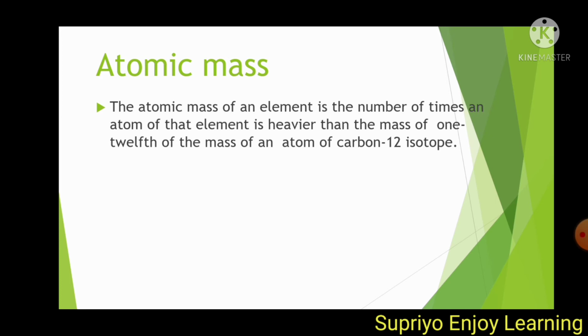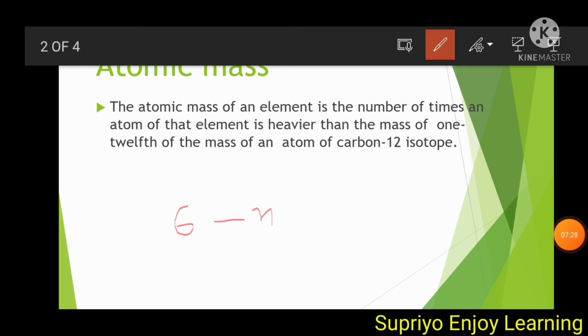Carbon has 6 neutrons and 6 protons. So the mass of a C12 carbon atom is taken as 6 plus 6, that is 12 units. It is written as u or AMU, and thus it is taken as 12 AMU.